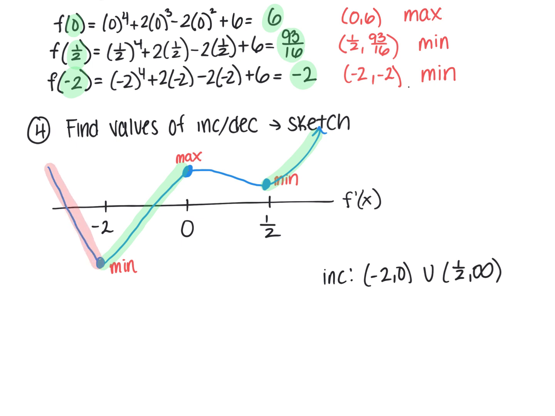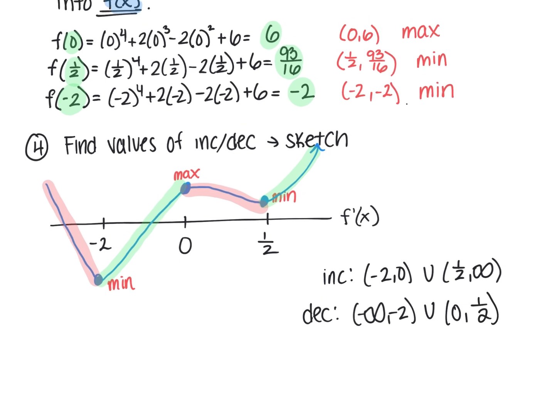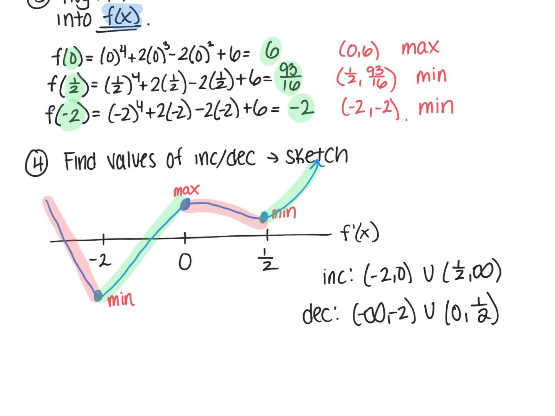So from here to here and from here to here, the graph is decreasing from -infinity to -2 and from 0 to 1/2. So you can actually get a lot of information from the second derivative test. You can find maxes and min values, and you can find increasing and decreasing.